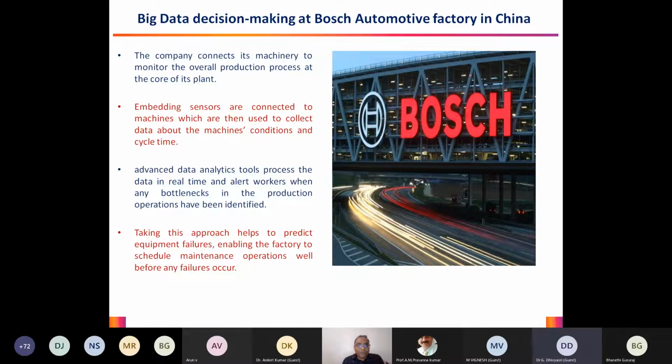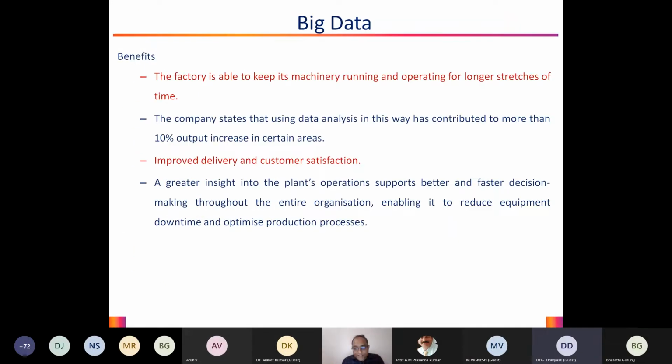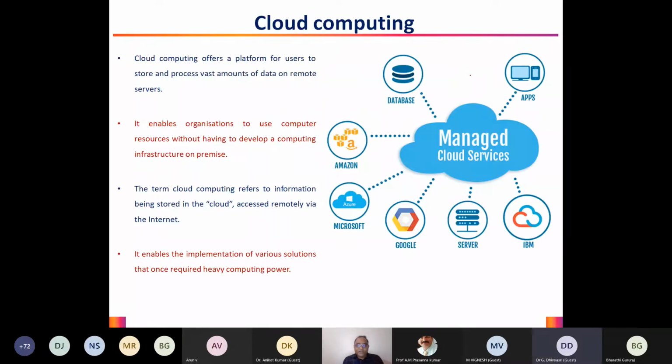As I told, big data offers a lot of advantages. As far as the machinery is concerned, you can use this intelligent information to make business related decisions. Then the third one is cloud computing.